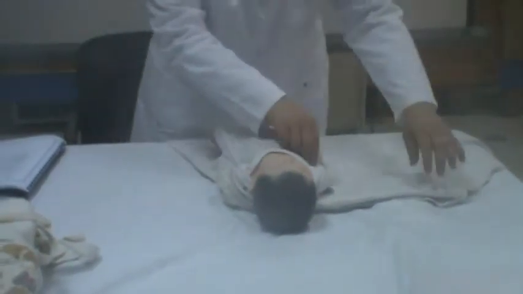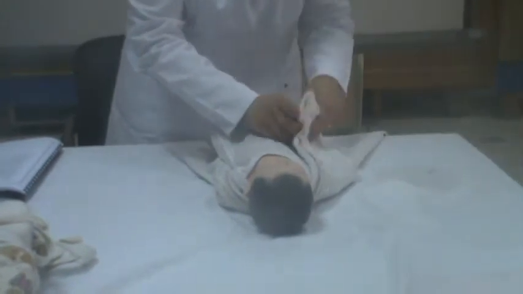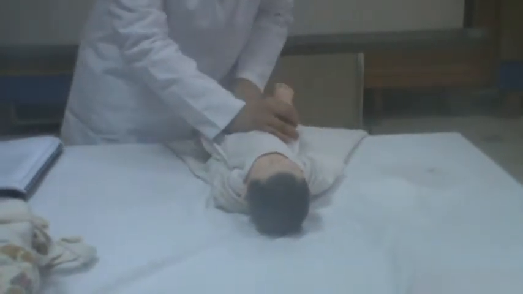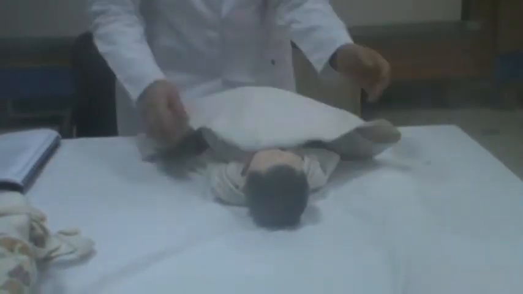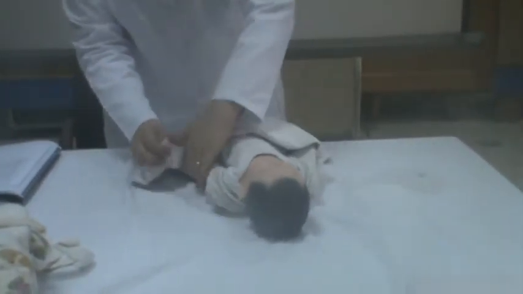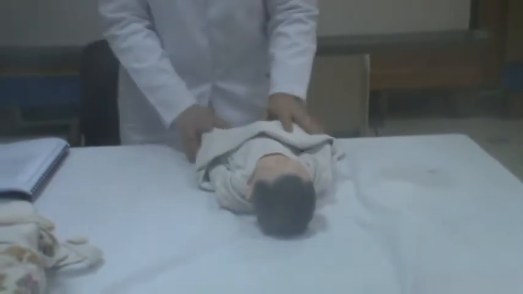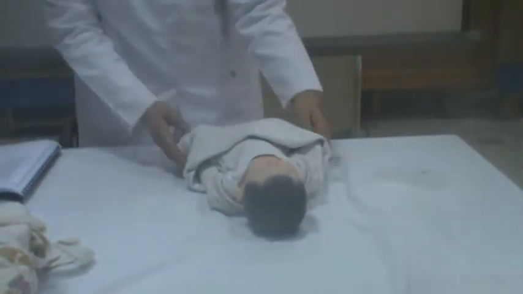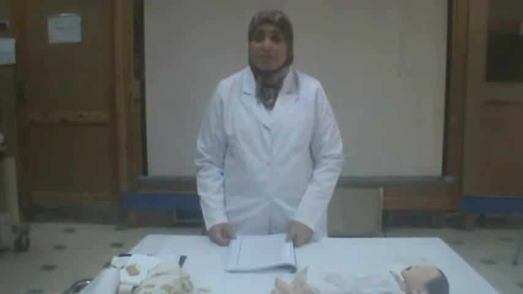Repeat for the other arm, and also tuck it under the child's back. Bring the excess up over the abdomen, leaving the chest exposed. Secure the sides of the blanket behind the child's back, and then wash hands and document the need and use of restraint.